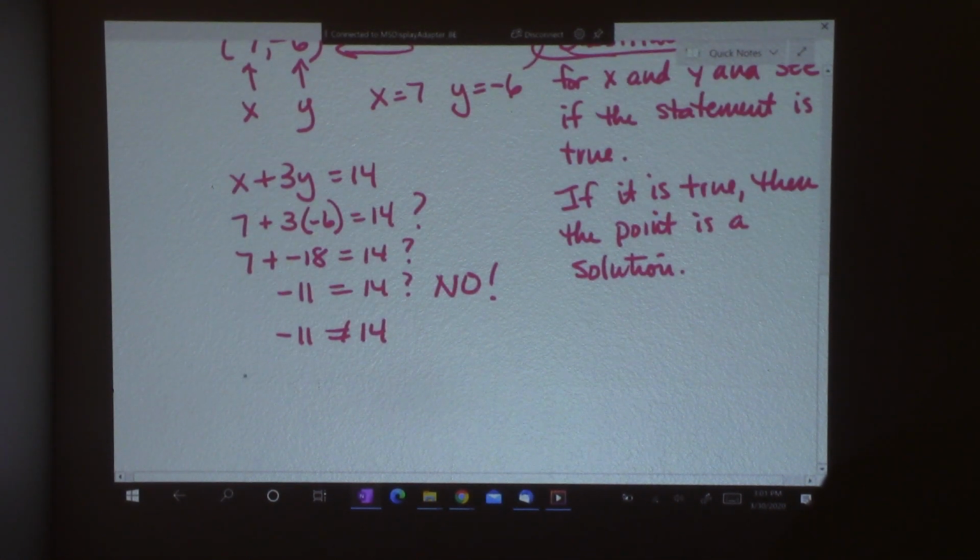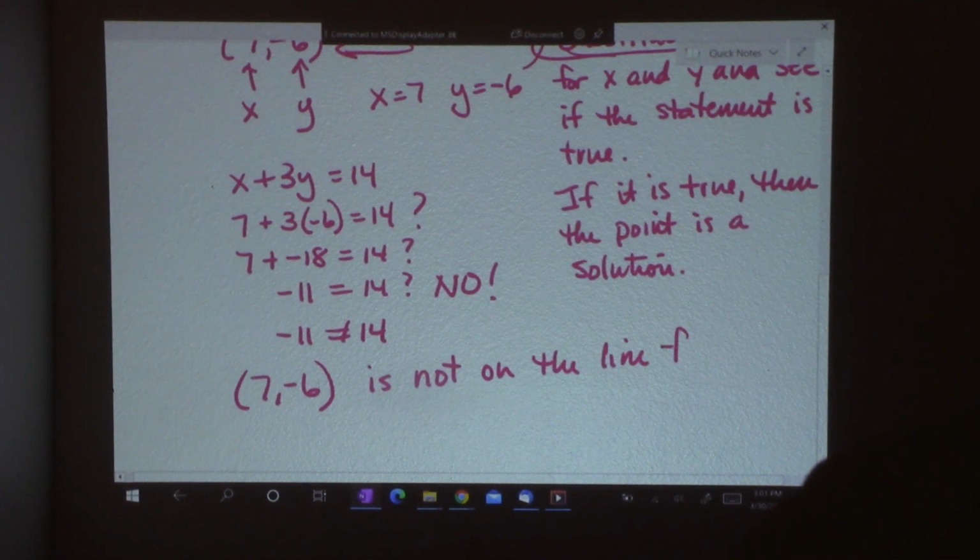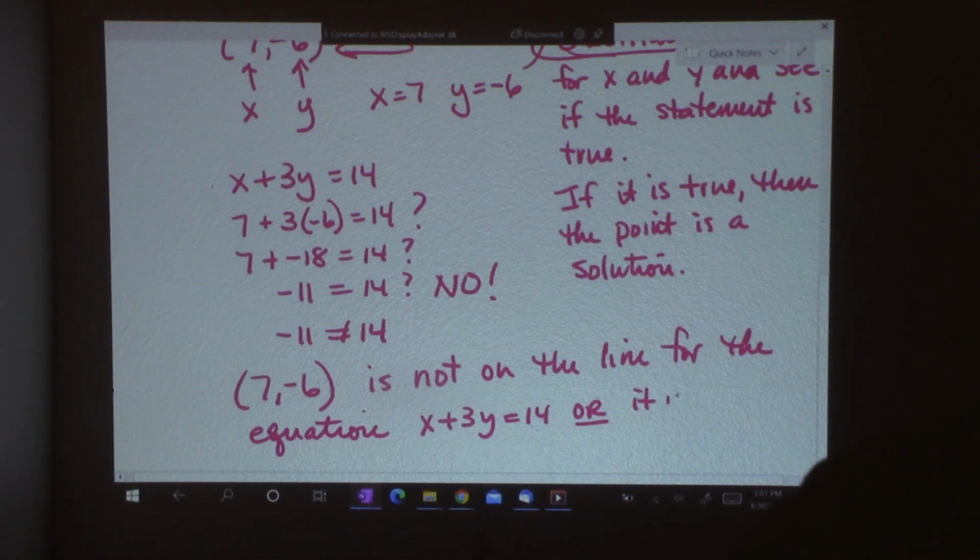So, my point, 7, -6, is not on the line for the equation x plus 3y equals 14, or we can say it is not a solution.